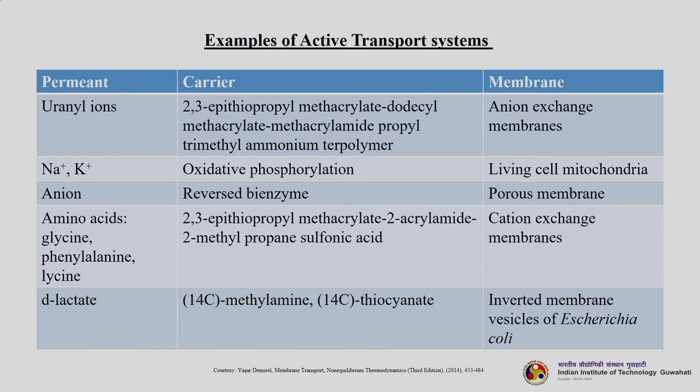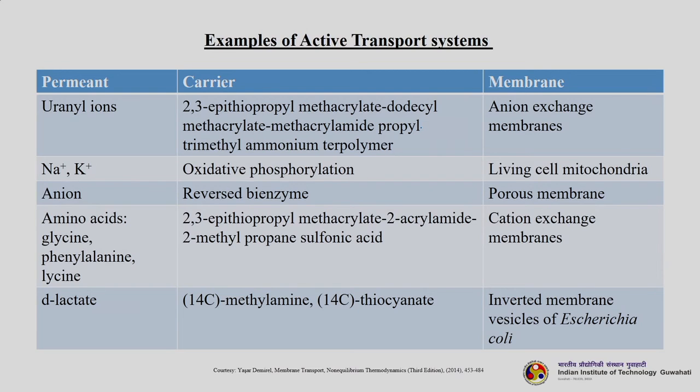Now, these are the examples of active transport systems. You can see the permeate, carrier and membrane all given here. If you want to talk about uranyl ions, we will have a carrier, which is a big name actually, 2,3 epithiopropyl methyl cryolate dodecyl, and we can have an anion exchange membrane.